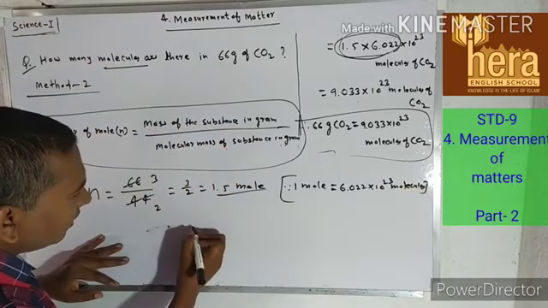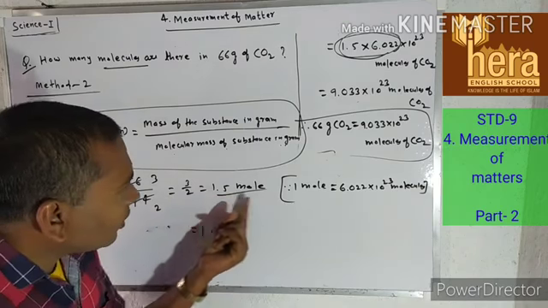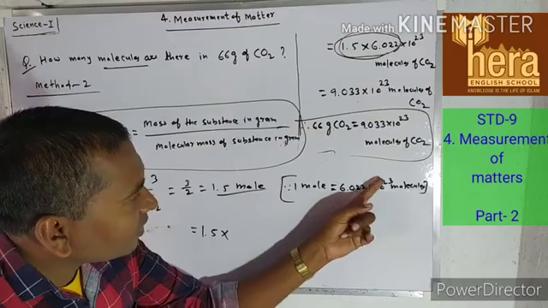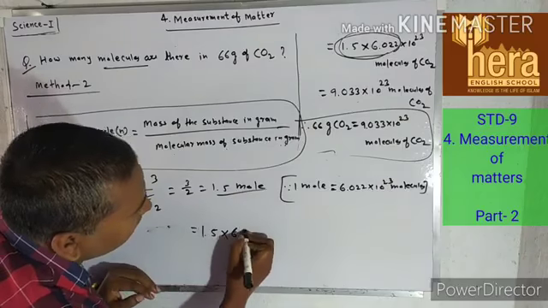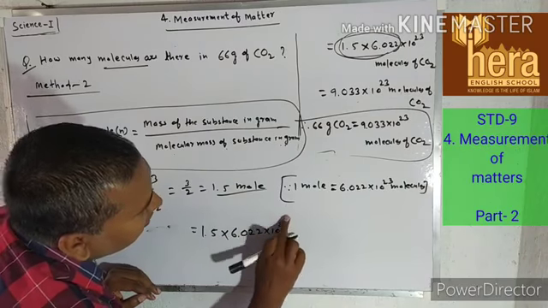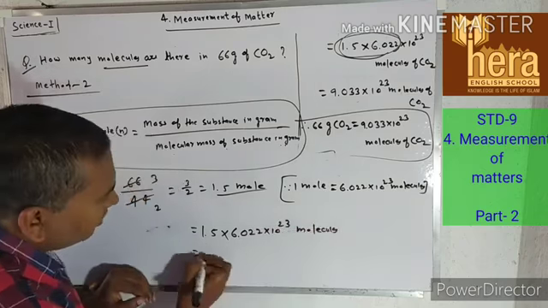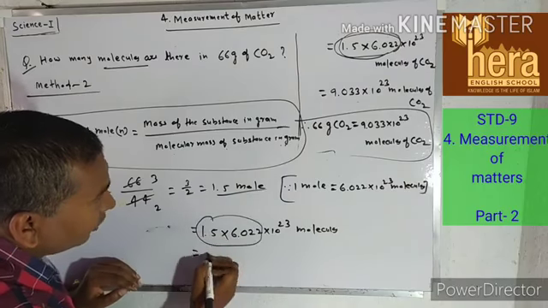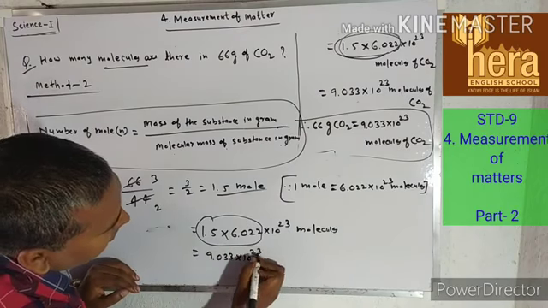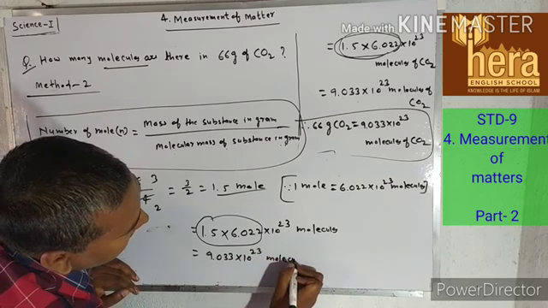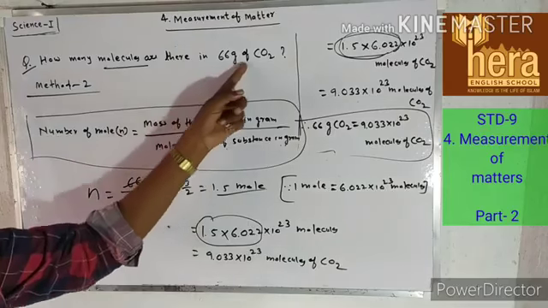So therefore 1.5 mole is equal to 1.5 into 6.022 into 10 raised to 23 molecules. If you multiply these two, you will get 9.033 into 10 raised to 23 molecules of CO2 in 66 gram of CO2.